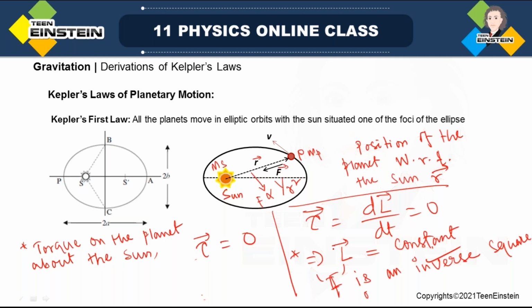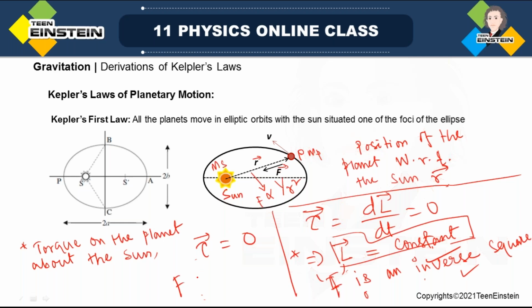There are two things you have to remember: you have to show that the angular momentum is constant, which can hold for an elliptic or circular orbit, and at the same time you have to say that the gravitational force obeys the inverse square law, hence it will give rise to an elliptic orbit. So this is the proof. The gravitational force is inversely proportional to the square of the distance between the planet and the sun. That is the reason.